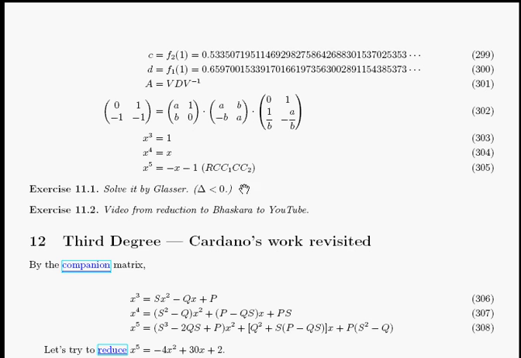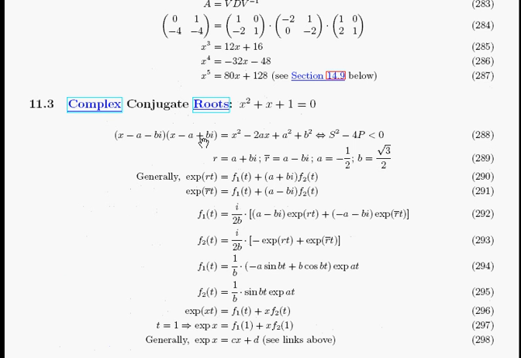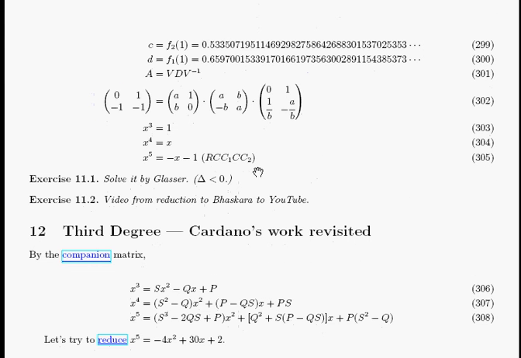Four complex roots, all different and conjugate, and one single real. Who is the real? We know a plus and minus b are two of these solutions. We can solve it by Glasser.